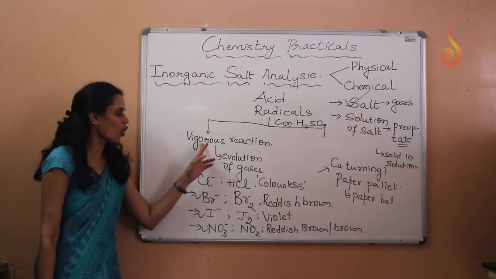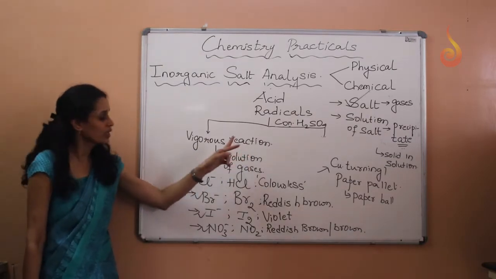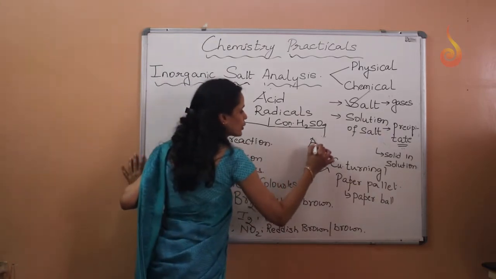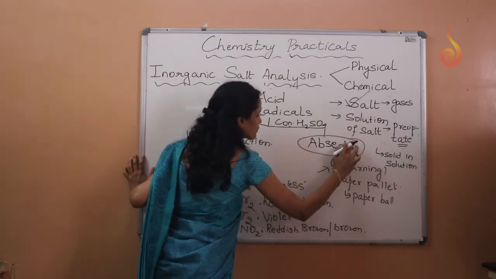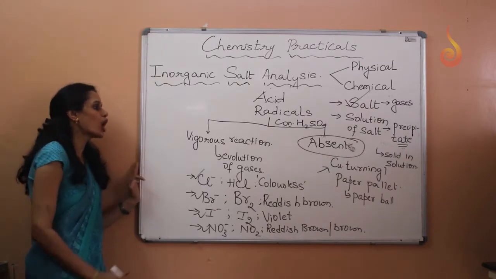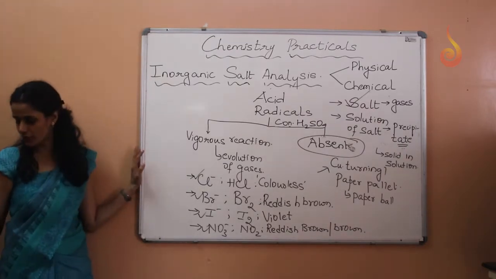Suppose we are not observing anything, that means there is no vigorous reaction and no evolution of gas, then second group acid radicals are absent. Then finally, we'll move on to third group. For first group and second group we have done.